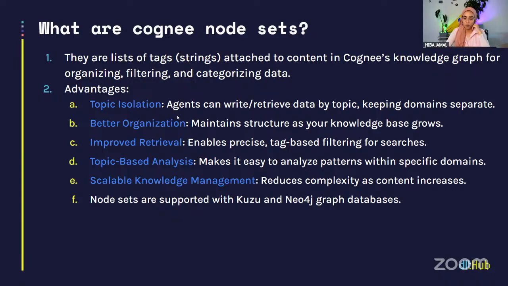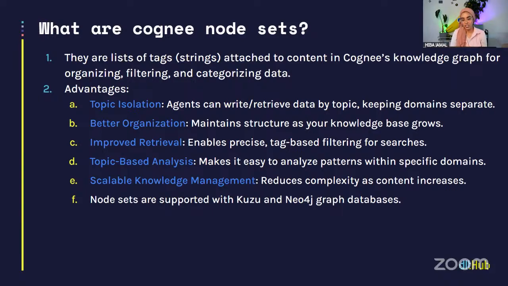It becomes super important to be able to filter out stuff based on some tags that you have put in yourself. Then there's better organization, and improved retrieval, which again we will look at. And your analysis, which comes from your search, will also be isolated and within that topic.